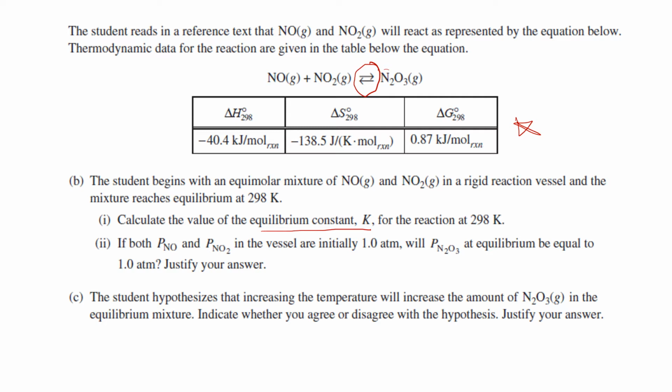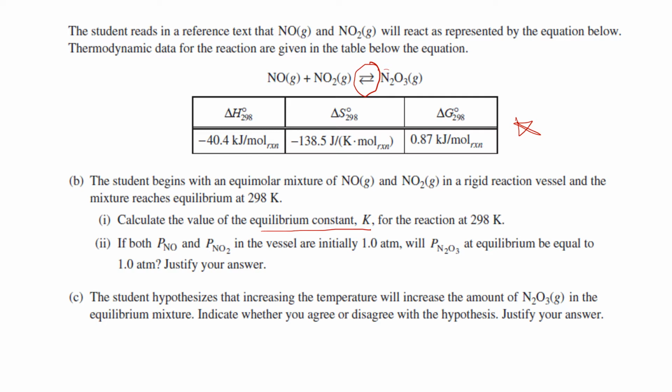Second part is they are saying if you initially start with a partial pressure of 1 atm for both reactants, will the equilibrium pressure of the product be equal to 1 atm? And you're going to have to justify your answer. So here we're going to have to go back to some information that they provide us, some of that evidence, to make our claim and justify that claim.